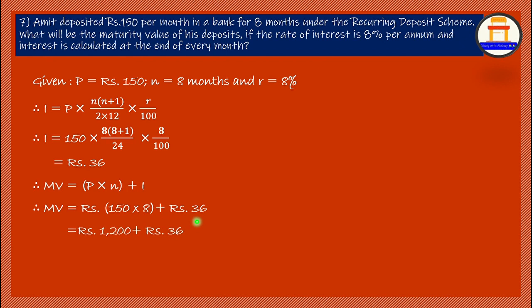Upon further simplification, we get 1200 plus 36, which is 1236 rupees. This is the maturity value which Amit will get after his 8 months of deposit. So please do go through the problem. Let's move ahead further.